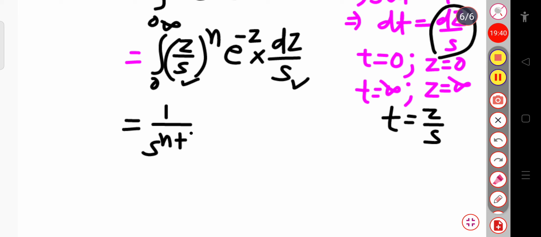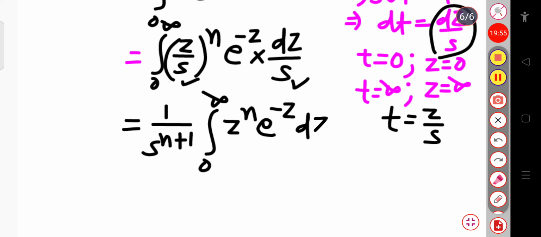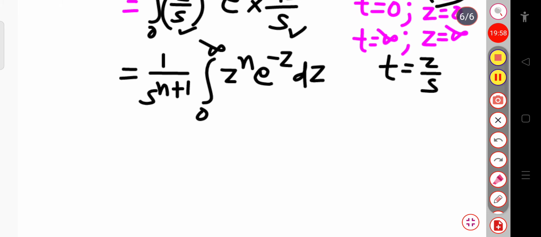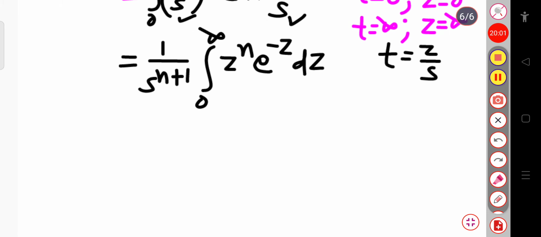Again it is integration over 0 to infinity, z power n into exponential minus z into dz. Now here you know this integration, this total value, is nothing but the gamma value of n plus 1.